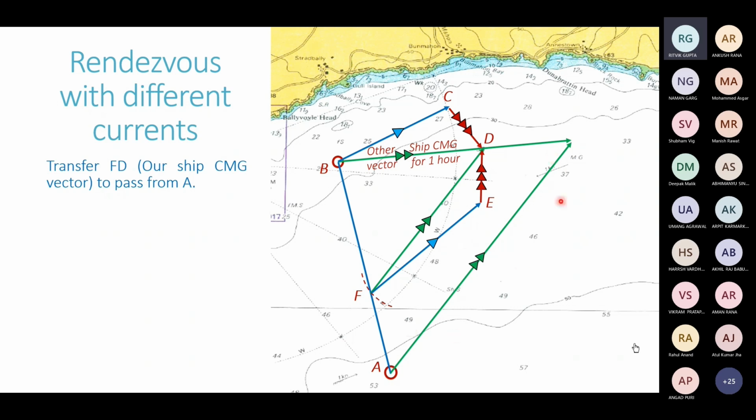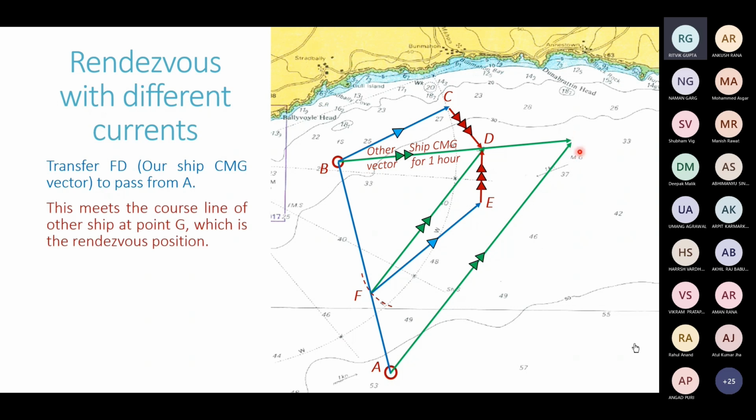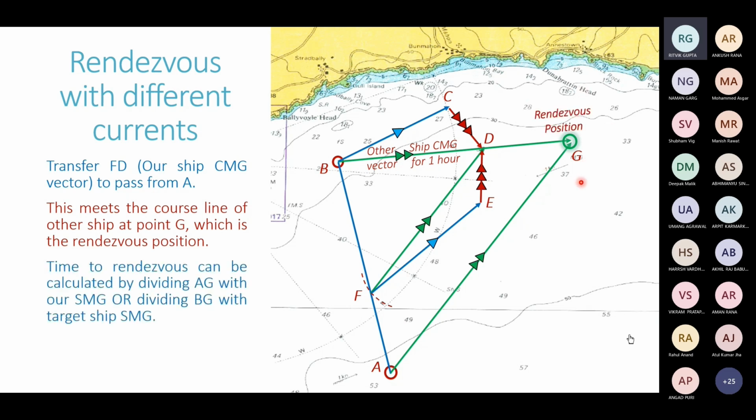This line basically represents the course made good by own ship, and the point where it meets the course made good of the target ship, let's name that point G, Golf. Now this point G, or Golf, is the rendezvous position in this particular case. So we have the rendezvous position here.